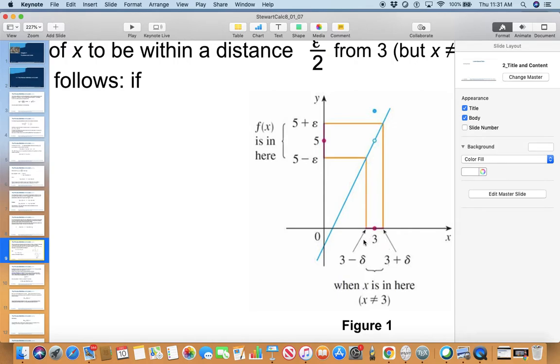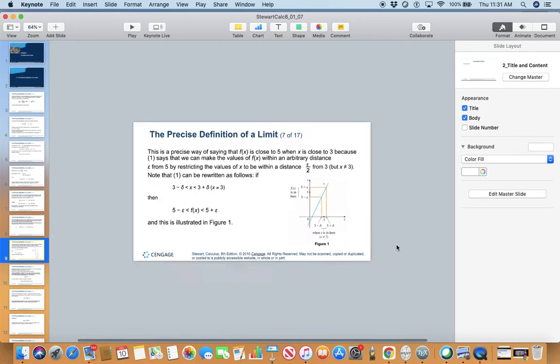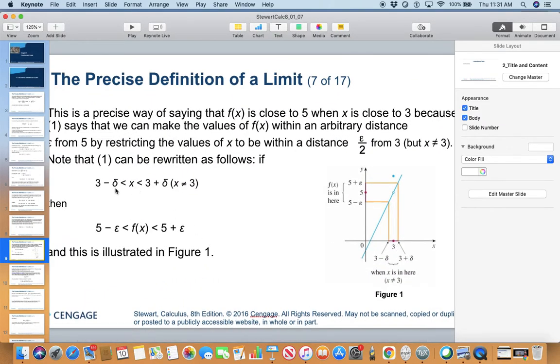The minimum you can go is 3 minus delta, and you cannot touch 3 minus delta. I hope it's clear. So this particular interval forces x to be within a distance of delta from 3. And that's all we are saying. x should be between 3 minus delta and 3 plus delta.